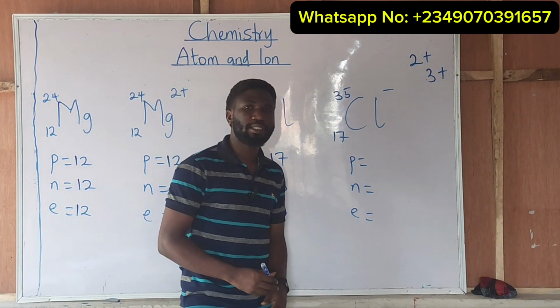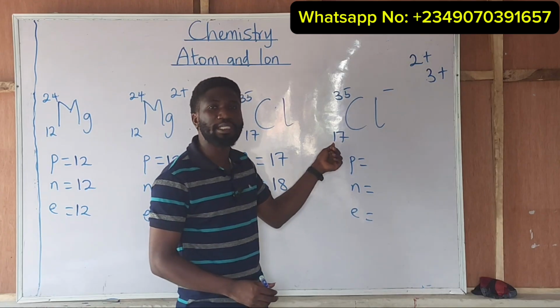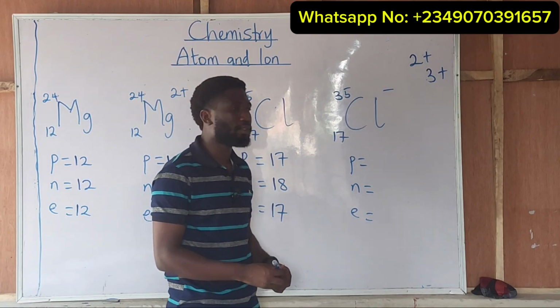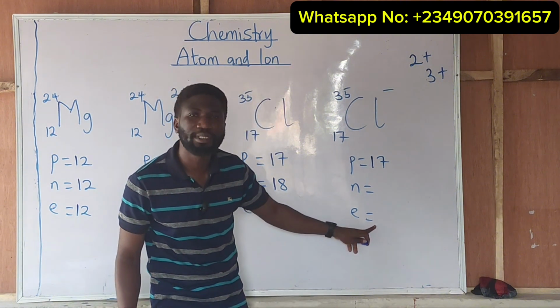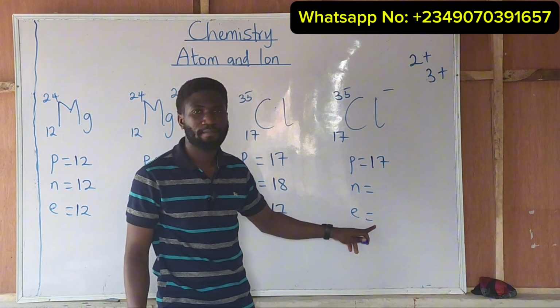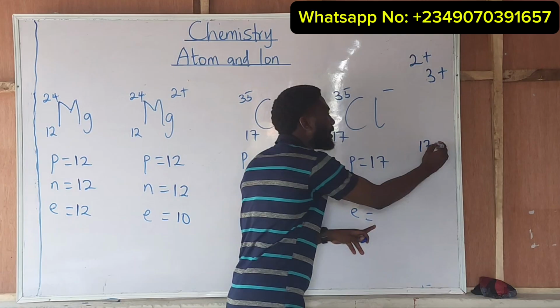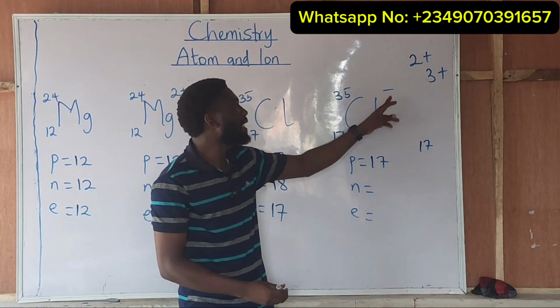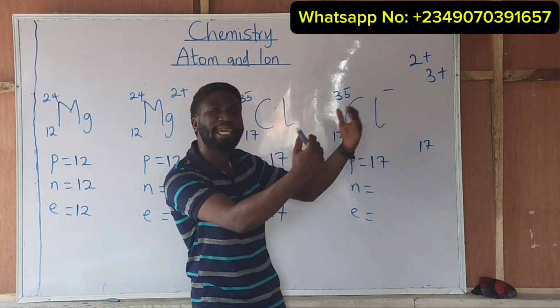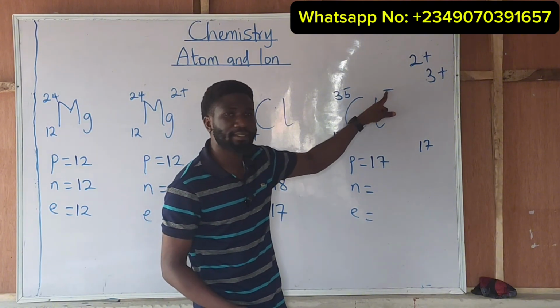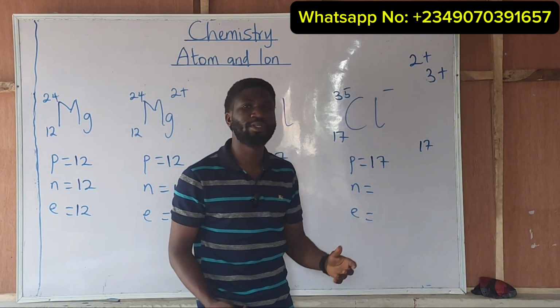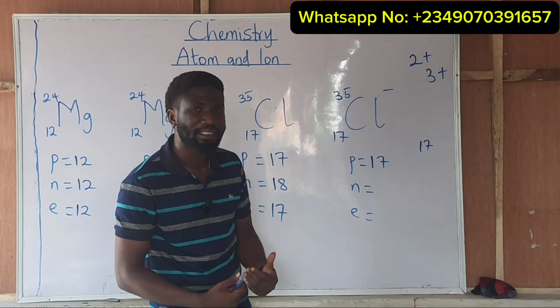So back to this. The proton here will be 17. The electron is meant to be 17, but it will not be 17 again. Why? Electrons have been gained. Whenever you have negative, that shows that electrons have been gained.